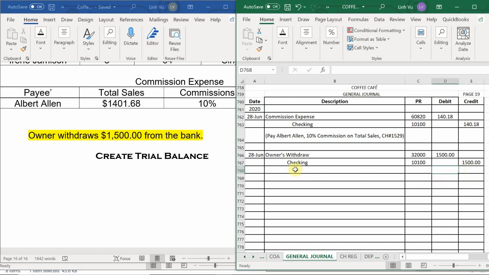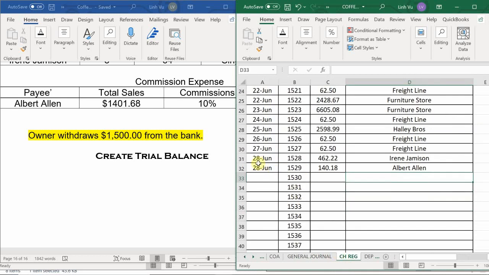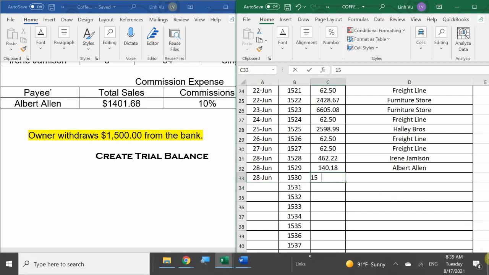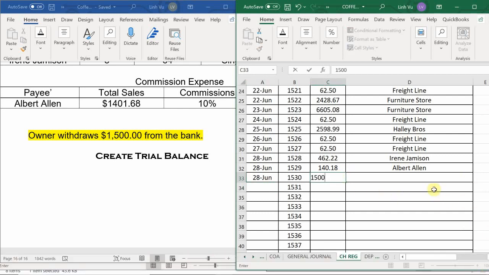There you go. All right, and then we need to go to our check register to get the check number. So here we are. We're going to be utilizing check number 1530. And the owner is Bob Mason.